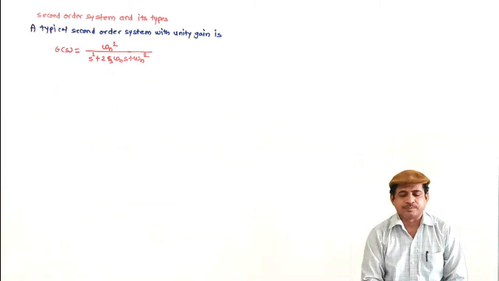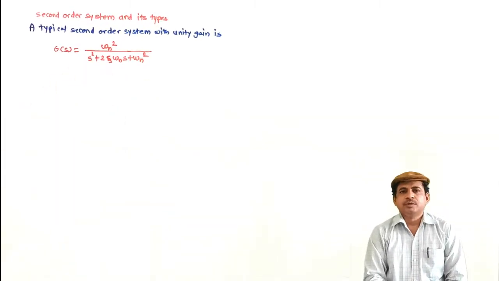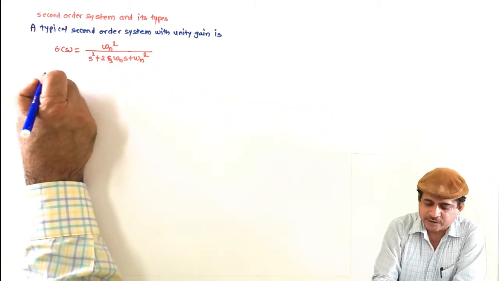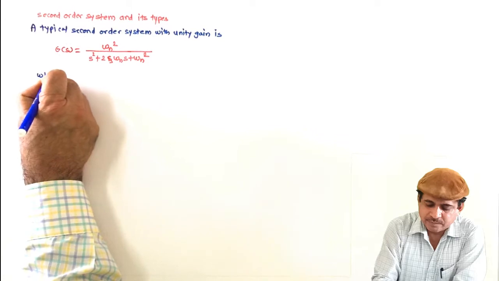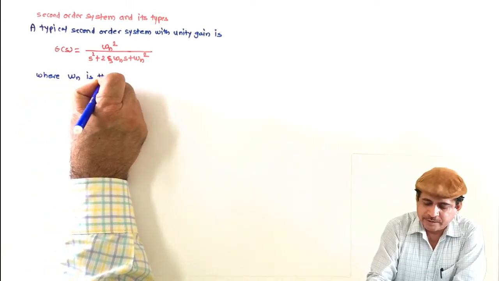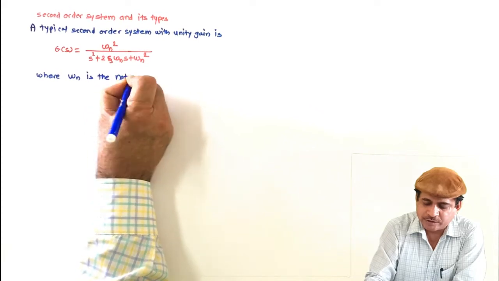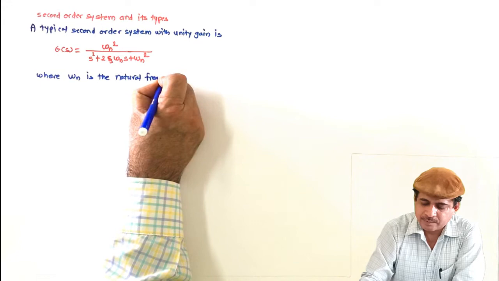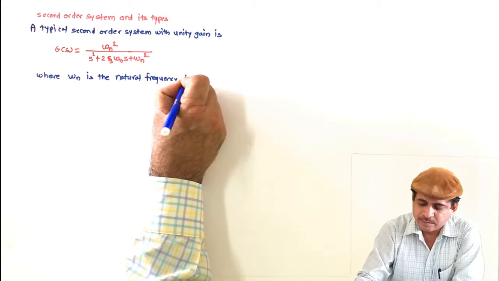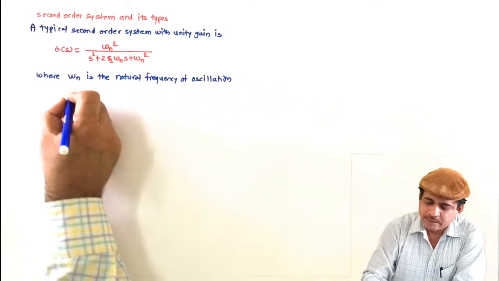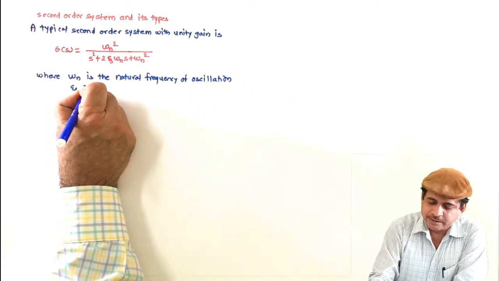It has two poles. Now, in this transfer function, omega n is the natural frequency of oscillation and zeta is the damping factor.